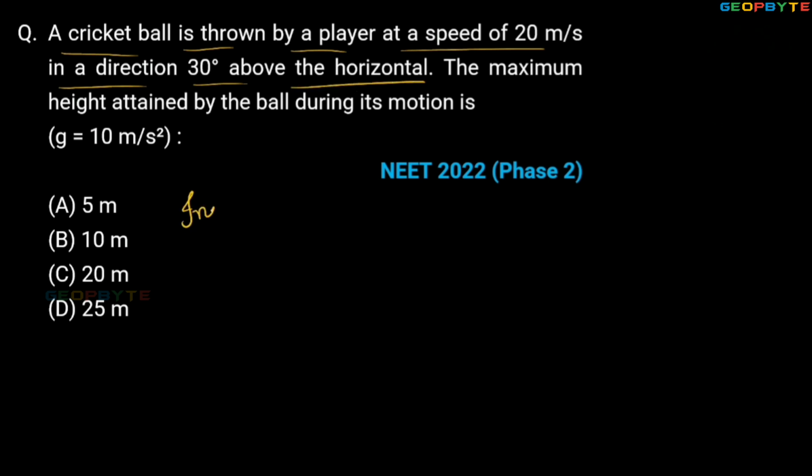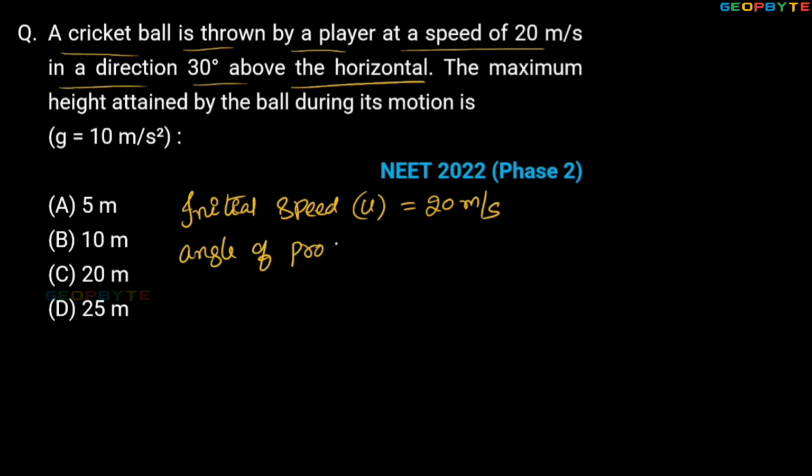That means initial speed of the cricket ball u equal to 20 meter per second. Angle of projection theta is given as 30 degrees, and we need the maximum height attained. Here g equal to 10 meter per second square.